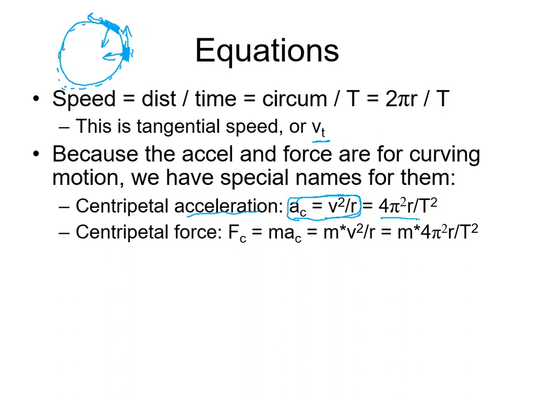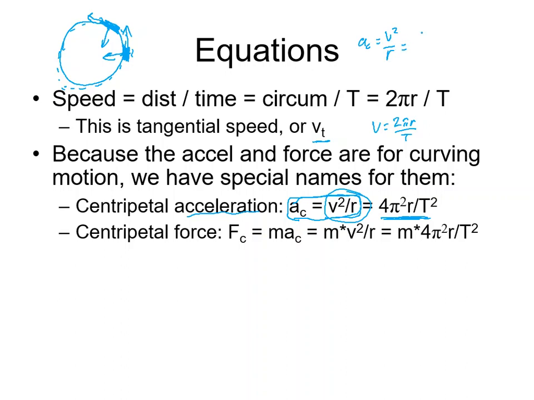Okay, now what is this guy here? Well, if I take the idea that velocity is equal to 2 pi r divided by t, and I plug it into here, I'm going to get a sub c is equal to, as we mentioned, v squared over r. Lovely.